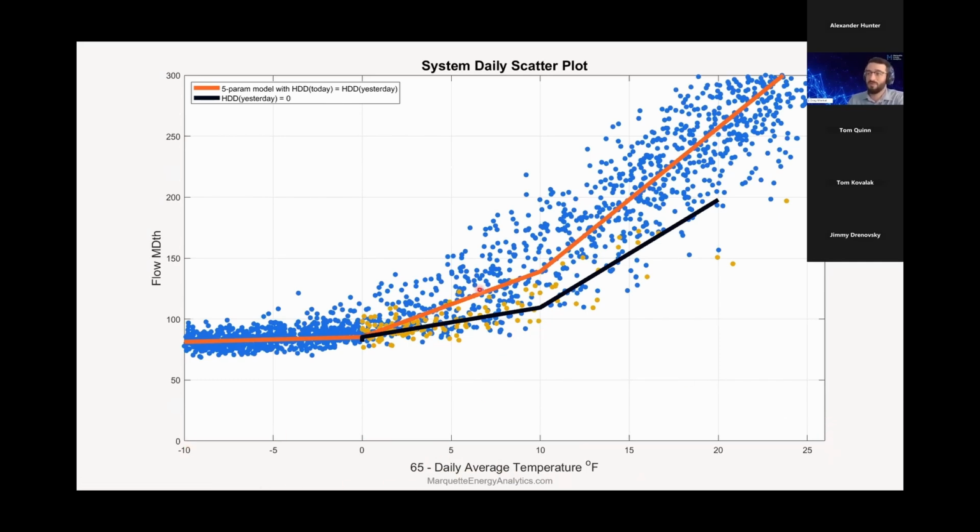Well, now we've got a nice line that fits right through the middle of those first cold days. And that's why, using methods like this, we're able to forecast well when those first cold days happen, where a simpler model probably is going to over forecast most of the time.